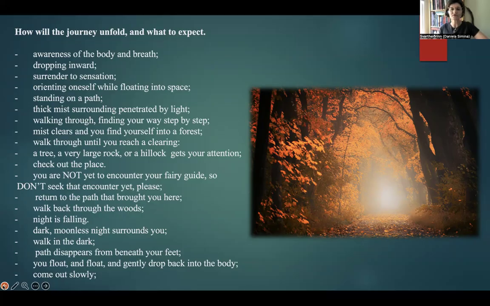The mist clears and you find yourself walking through a forest. You notice the trees, the foliage, if there's foliage. The air temperature, any vegetation, if any.